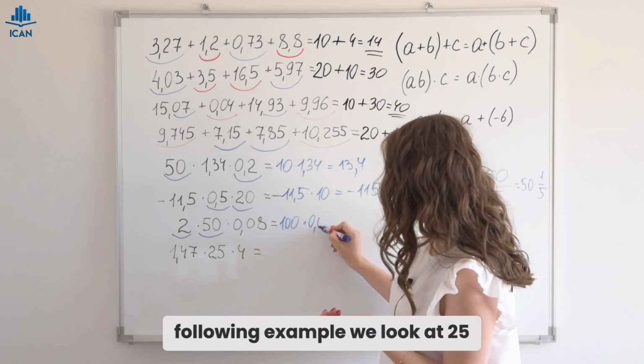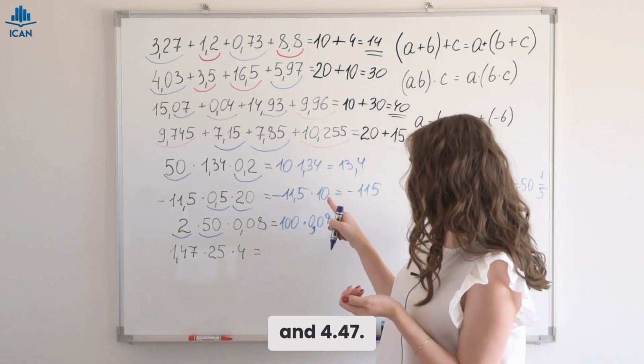So in the following example, we look at 25 and 4.47.